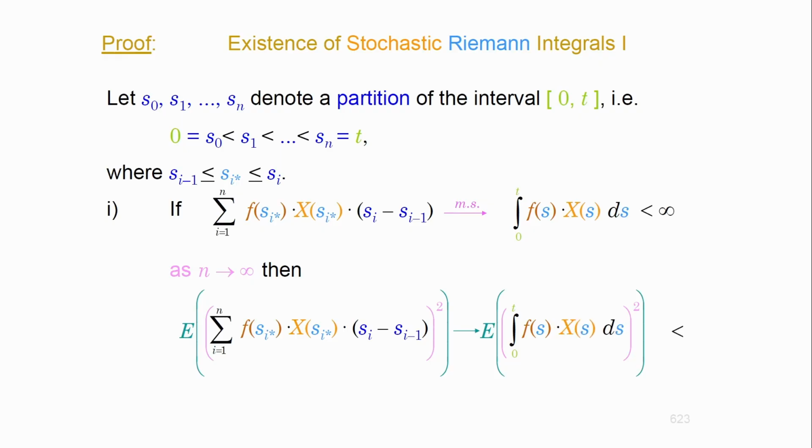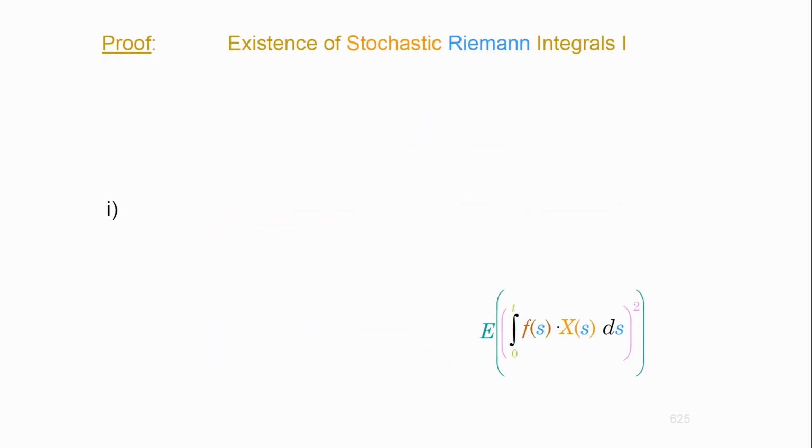Okay, so first of all, I would need to get rid of the squares, but that's not going to be difficult. I'm going to show you how to. But this is going to be finite. And I'm going to show you that this expression is going to be equal to the double integral that you just saw in the previous case.